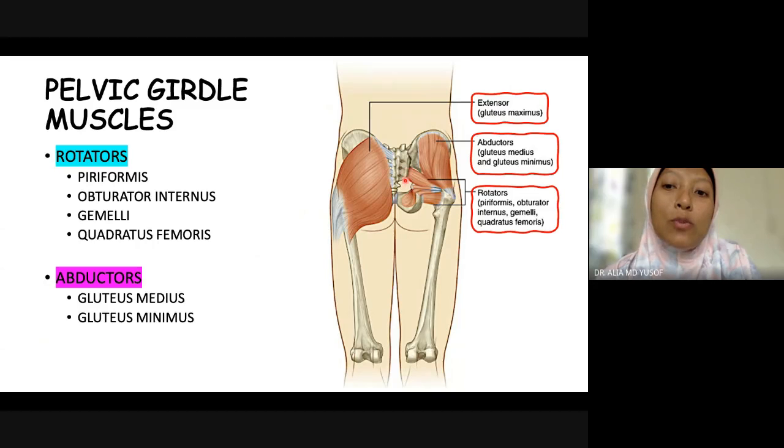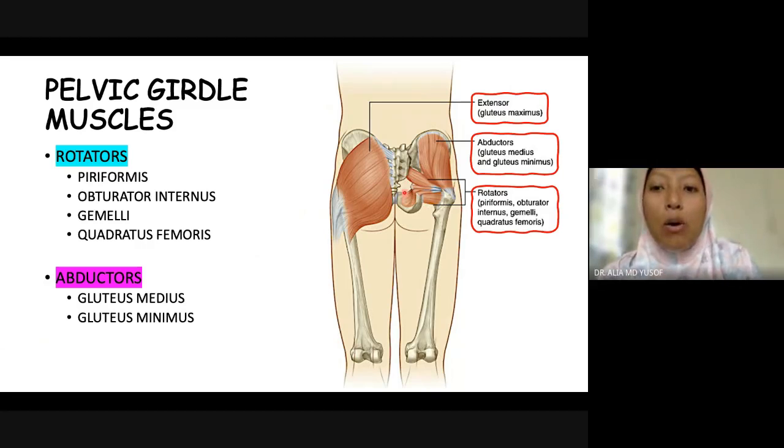The superior gemellus originates from the superior pubic ramus. The obturator internus originates from the obturator foramen. The inferior gemellus originates from the ischium. And the quadratus femoris originates from the ischial tuberosity.